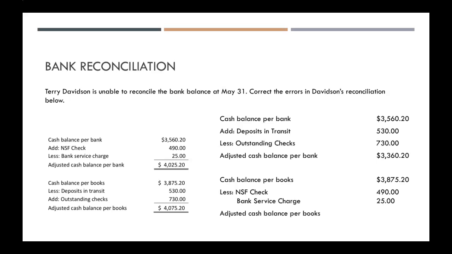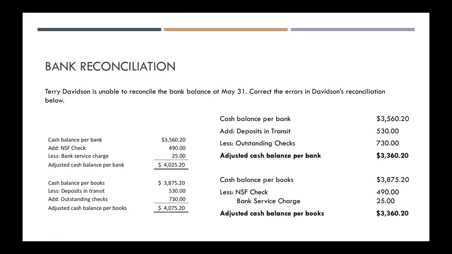So let's figure out our adjusted cash balance per books. So we take our cash balance per books, that $38.75, and we subtract out our NSF check, and we subtract out our bank service charge, and we get $3,360.20. That number looks familiar, and why is that?